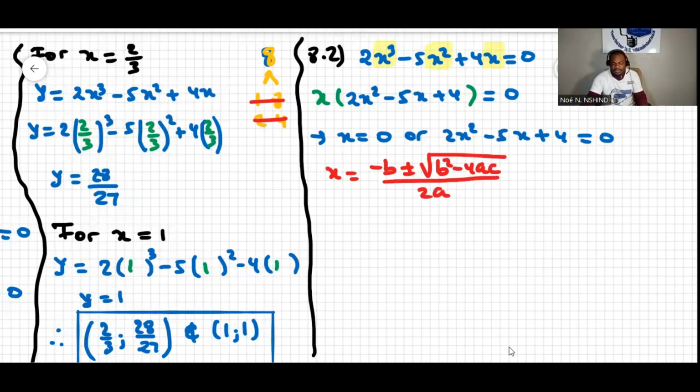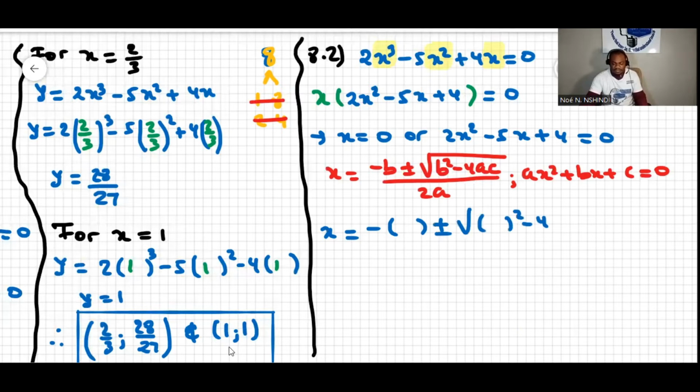This is for a quadratic equation of the form ax squared plus bx plus c. Now, let's see if we can find the roots here. I'm going to say x is equal to minus b plus or minus the square root of b squared minus 4ac, all over 2a.